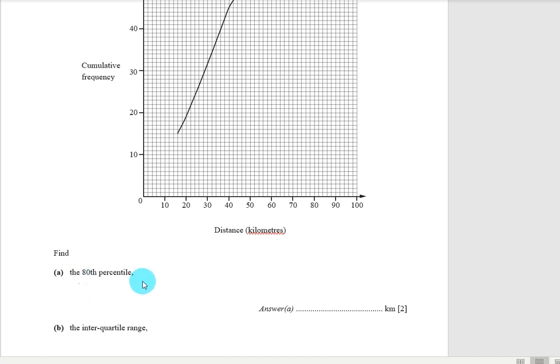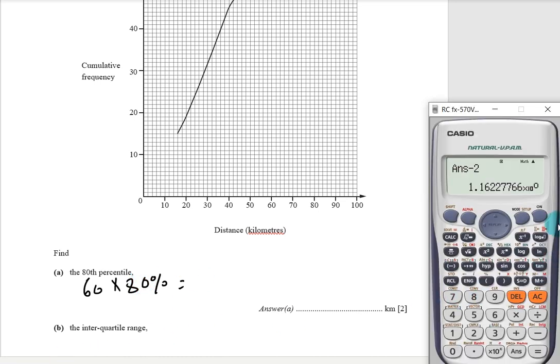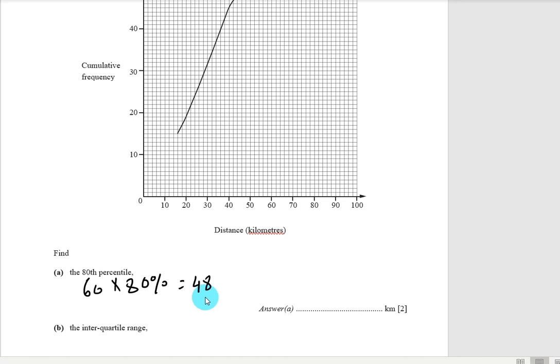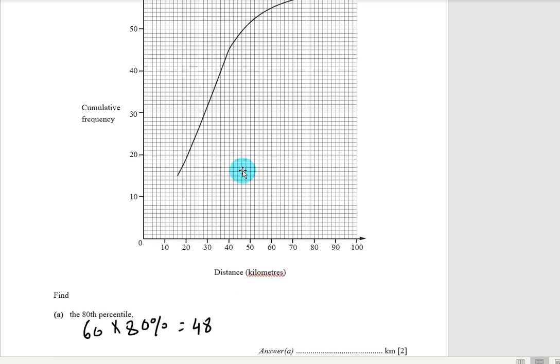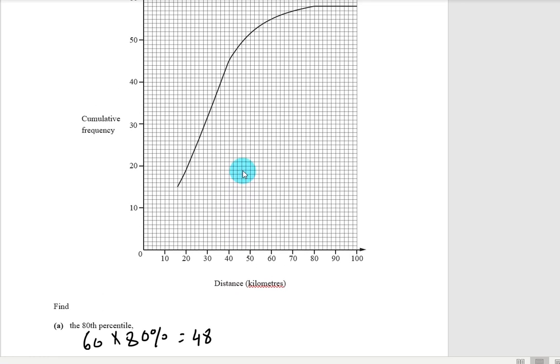The number of people is 60 multiplied by 80%, which will equal, let us go to our calculator, 60 multiplied by 80 divided by 100 will be equal to 48. 48, I will go to the diagram. Where is 48? Here 1, 2, 3, 4, 5, 6, 7, 8.